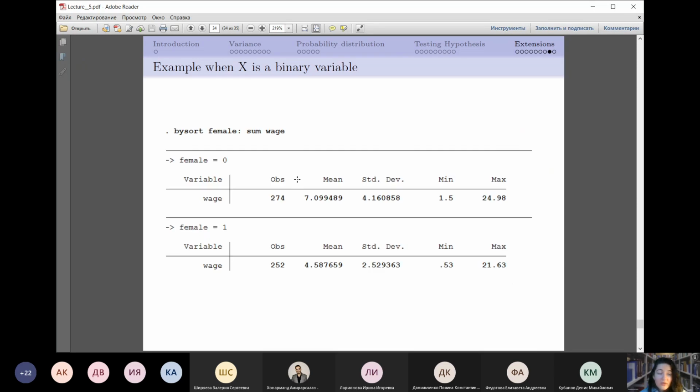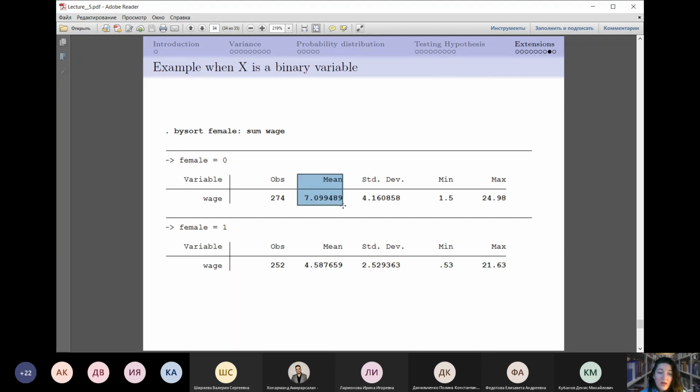Also, if you run the descriptive analysis before the regression, you can see the same results.